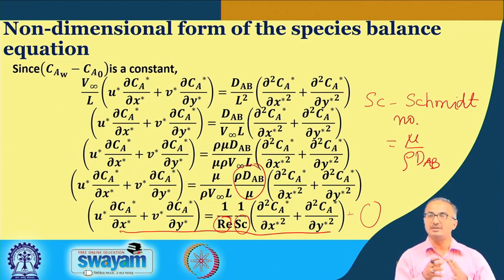So, the species balance equation may have the reaction term and the term accounting for either the introduction of a species from a different phase or outgoing species from the given phase.